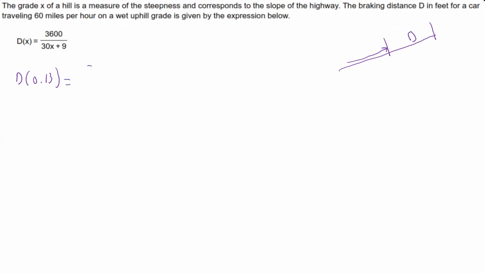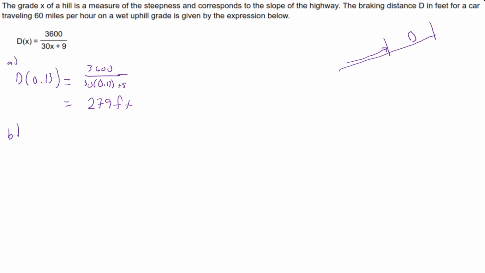Well, we're going to take 3,600 divided by 30 times 0.13 plus 9, and we plug that into our calculator, and I've already calculated this out because it takes a long time. That's going to be approximately 279 feet. They want it rounded to the whole foot, not the decimals. So that was part A.